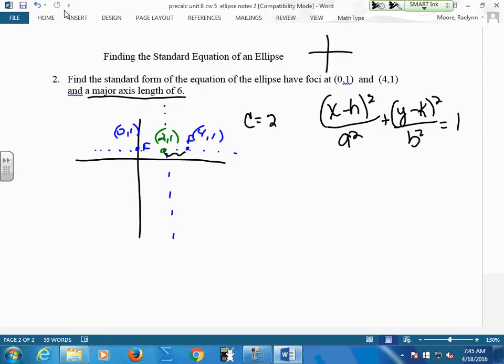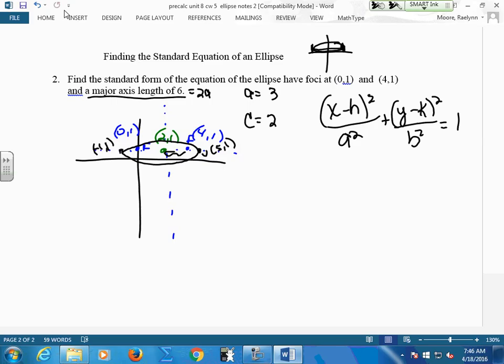If this is where my ellipse goes, 6 goes from here to here. So what's half of 6? 3. That's A. This is equal to 2A, if you will. Take half. So if you go out 3, what's your vertex point? 5, 1. If you go out 3 this way, what's the vertex? Good, negative 1, 1. And your ellipse is doing something like this.